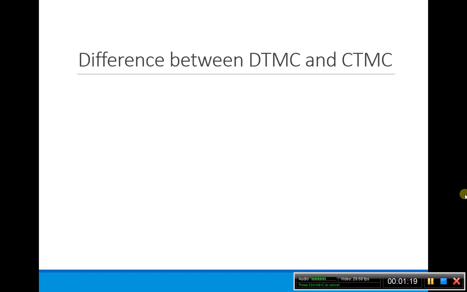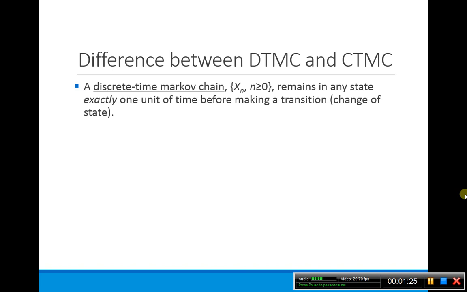Okay, so some of the differences between discrete time Markov chain and continuous time Markov chain, well, the main difference is in the name, discrete time versus continuous time. So in a discrete time Markov chain, we assume that we remained in a state exactly 1 unit of time before making a transition. So thinking back to some of the examples, when we thought about buying different brands of ice cream, for instance, we thought about every month people would either keep that same brand of ice cream or change to a different brand of ice cream.